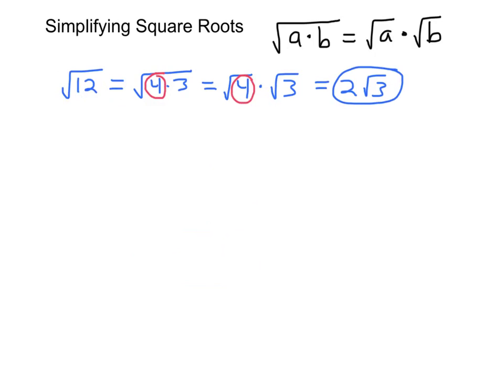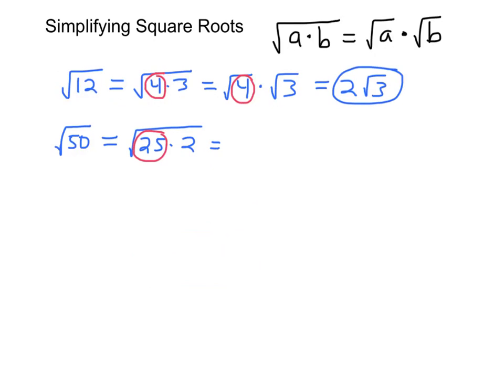Let's say we had the square root of 50. Now again, your question is, does any perfect square divide evenly into 50? And in this case, the number 25 divides into it 2 times. So 25 is a perfect square.